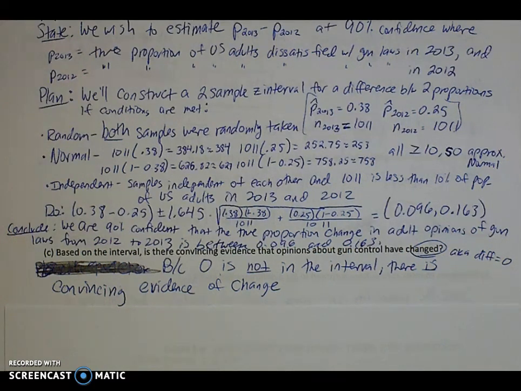If the difference between the proportions was 0, that means that there wouldn't be a difference, right? It would be 0. There wouldn't be a change. So because 0 is not in our interval, we do have evidence of change. If 0 was in the interval, we would think that the two proportions were the same, therefore no change.